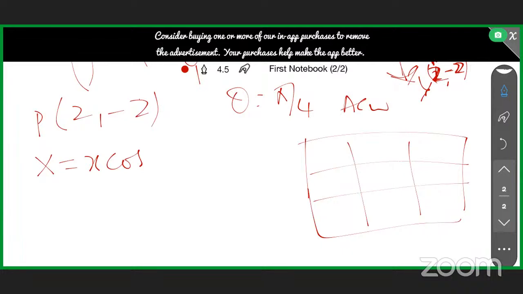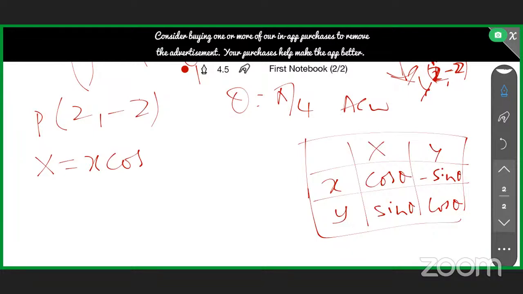Small x, small y, capital X, capital Y: cos theta, minus sin theta, cos theta. Now I want the capital X value and capital Y value, because I should get the value of the transformed point.